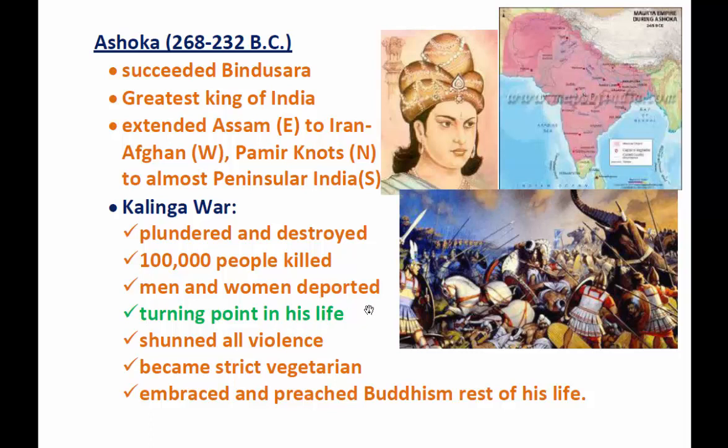There was a turning point in his life at that very time. After this war, he shunned all types of violence, including war and fighting, and he became a strict vegetarian. You know who a vegetarian is. After that, he embraced Buddhism and preached Buddhism for the rest of his life.